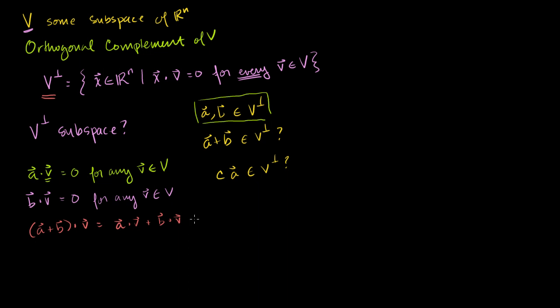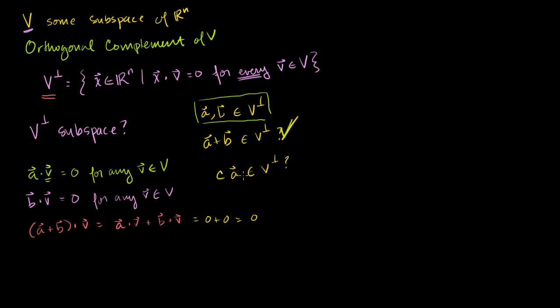So this is going to be equal to 0 plus 0, which is equal to 0. So A plus B is definitely a member of our orthogonal complement. So we got our checkbox right there. Do it in a different color than the question mark. Check for the first condition for being a subspace.